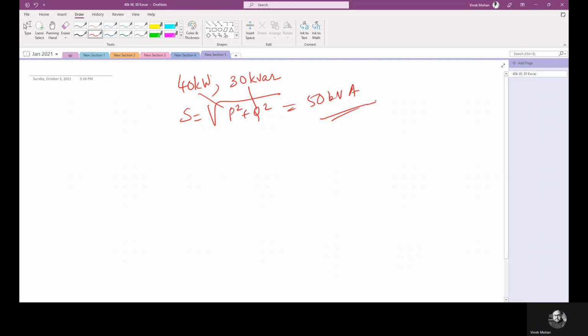Now another example we'll see. A wattmeter and a varmeter are connected to a 120 volt single phase line that feeds an AC motor.